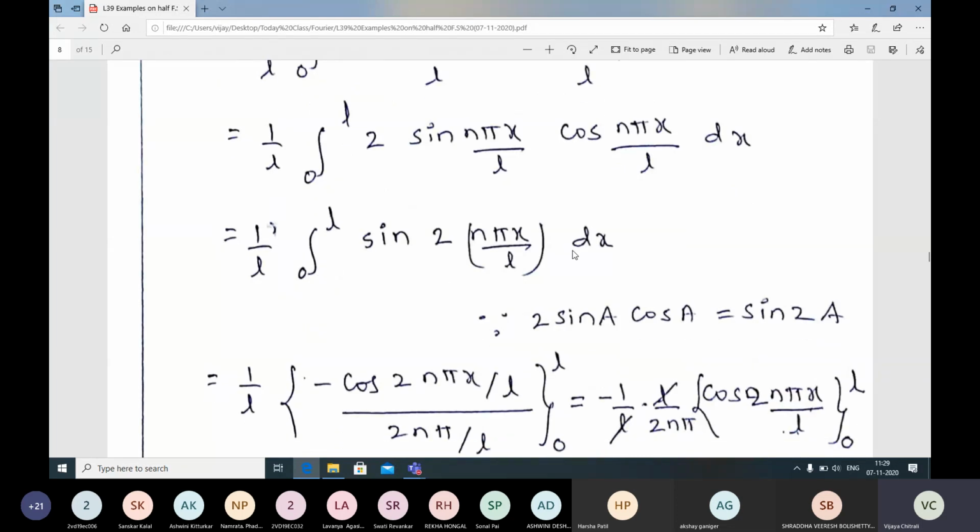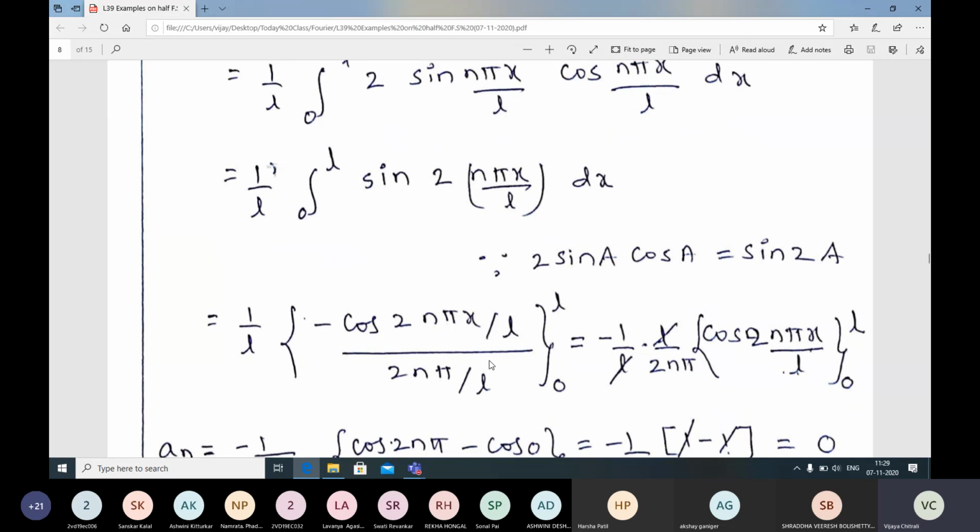1 by L as it is, integration of this will be minus cos 2n pi x by L whole divided by 2n pi by L, limits 0 to L. Take minus outside, minus 1 by L, and taking the reciprocal, L divided by 2n pi. Substituting limits, L in place of x minus 0, upper minus lower.